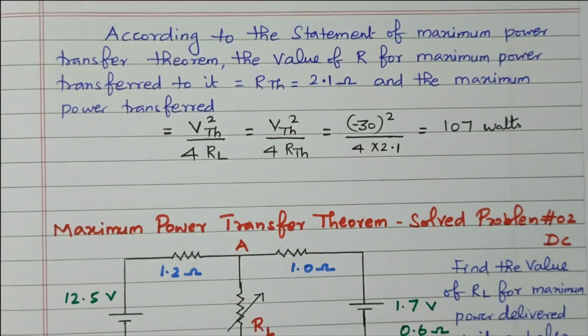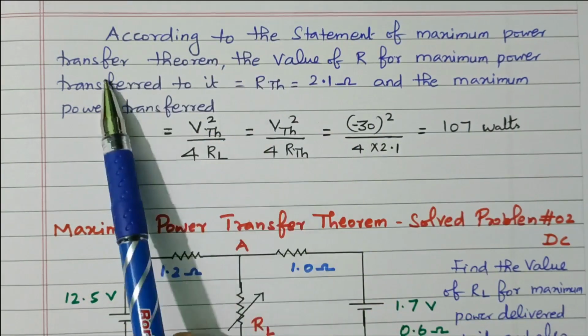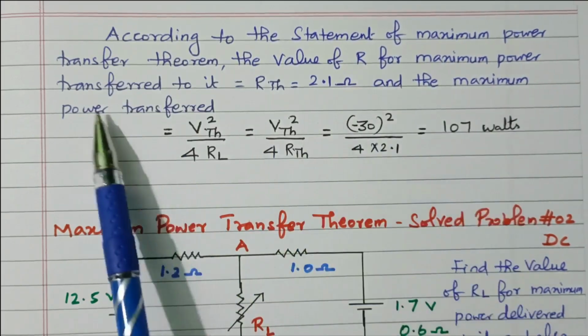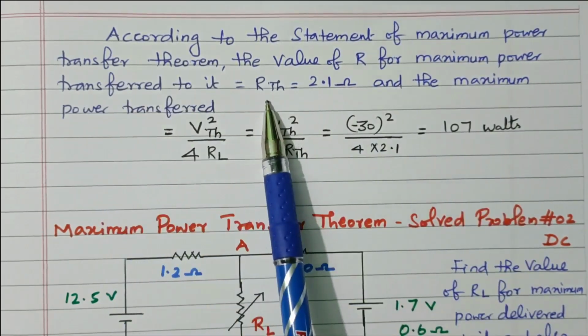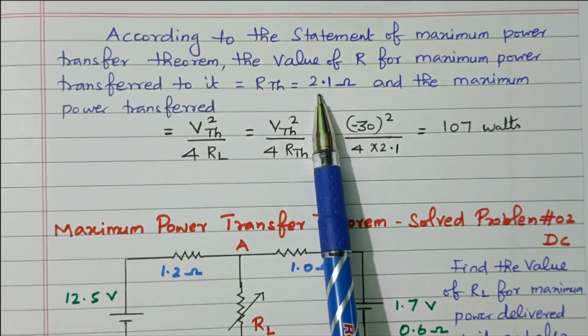So we calculated the Thevenin resistance and Thevenin voltage. According to the statement of the maximum power transfer theorem, the value of R for maximum power transfer is RTH. We already discussed that the load resistance equals the internal resistance. Internal resistance we calculated, 2.1 ohm. RTH is 2.1 ohm.